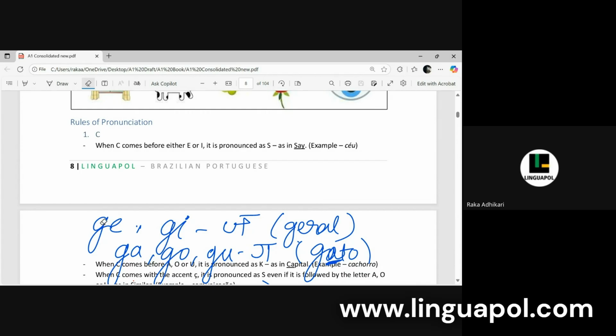So when we talk about rules, as I told you, there are different combinations of different letters which will give different sounds.